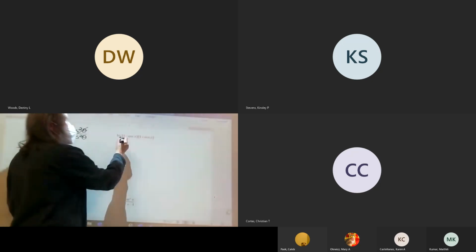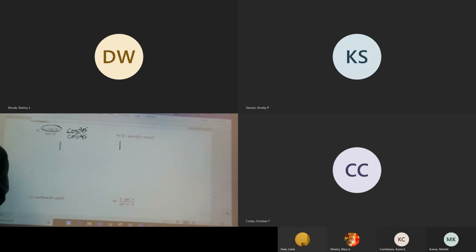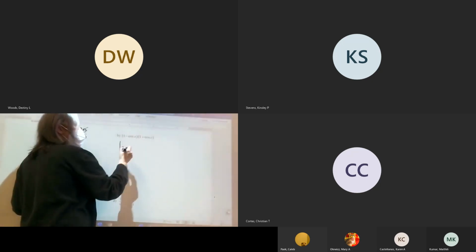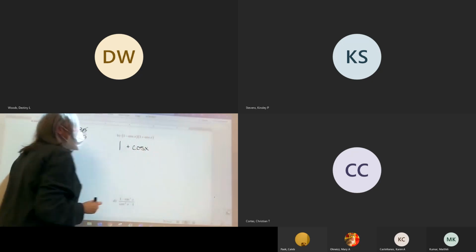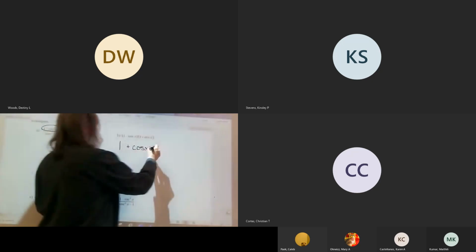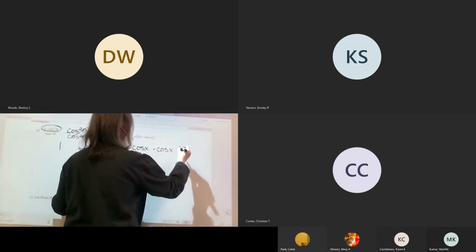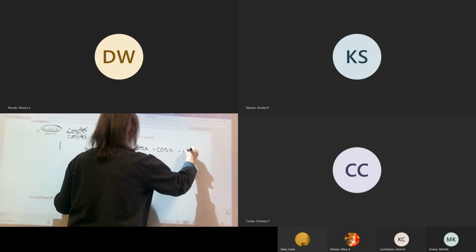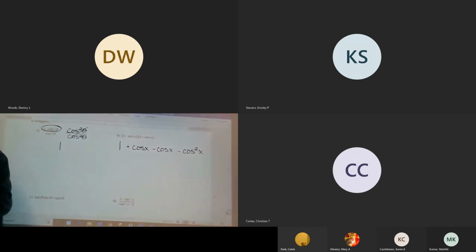So I'm going to multiply the first 2 terms, and I get a 1. I'm going to multiply the outermost terms in the parentheses. So that's the 1 and the cosine. So I get cosine of x. Then I'm going to multiply the innermost terms, and I get negative cosine x. And then I'm going to multiply the last term, and I get negative cosine squared x.